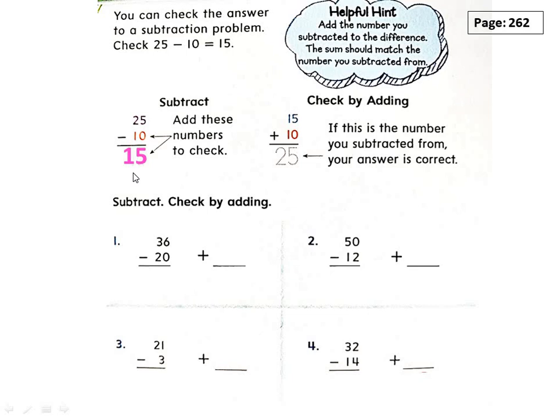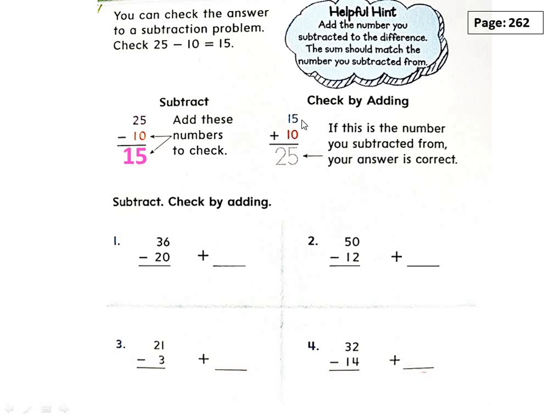Now, how can we check if our answer is correct or not by ourselves? Just as we did before, we have to add the two parts to get the whole. If we get the same number, we know that our answer is correct. We add the two smaller numbers to get the largest number. So we will add 15 plus 10.